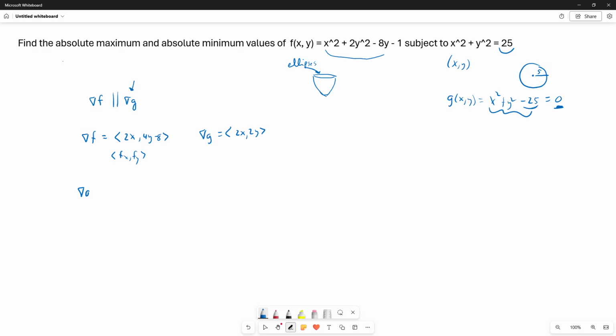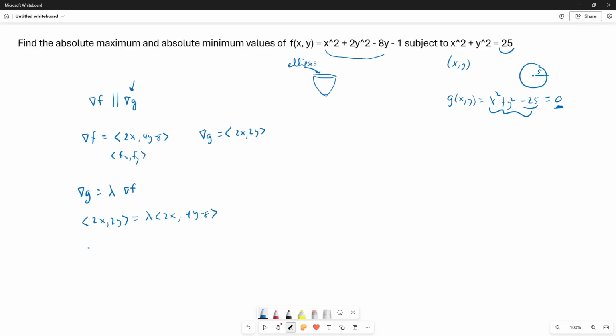So we'll say the gradient of f is some multiple, some real number, lambda. That's the standard letter in Lagrange multiplier problems. So the gradient of f, 2x comma 4y minus 8, equals lambda times the gradient of g, 2x comma 2y.